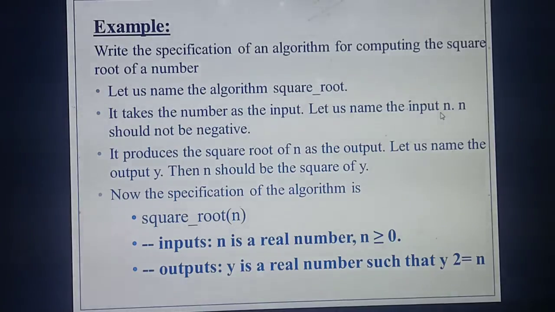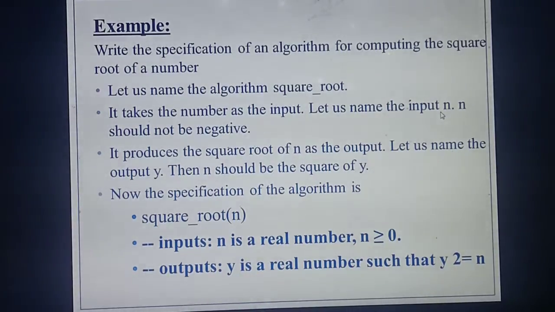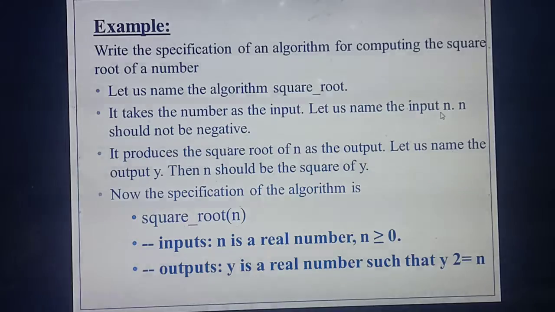Here n means, for example, you are going to calculate the square root of a particular number. So you should require a number, isn't it? Any one number you need. Without taking any number, can you find the square root? No, it's not possible. So you need a particular number, and that number you are going to store in which variable students?